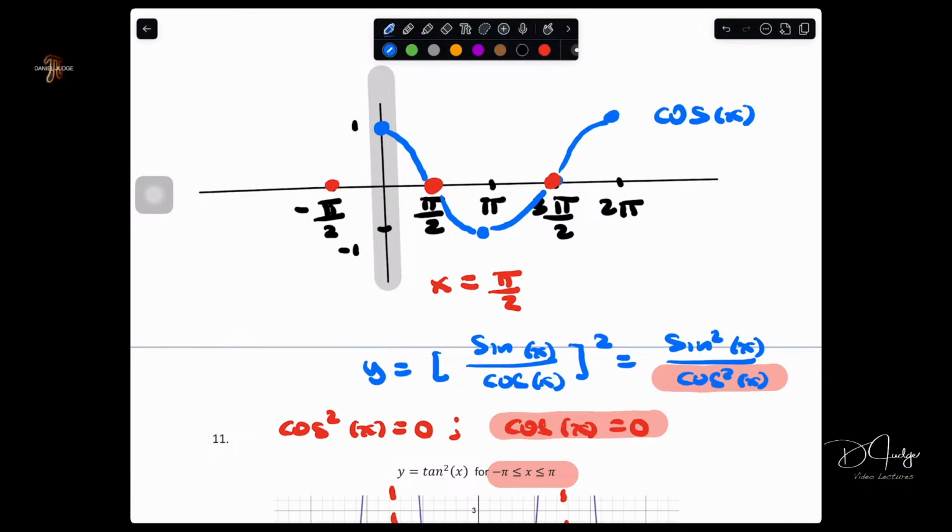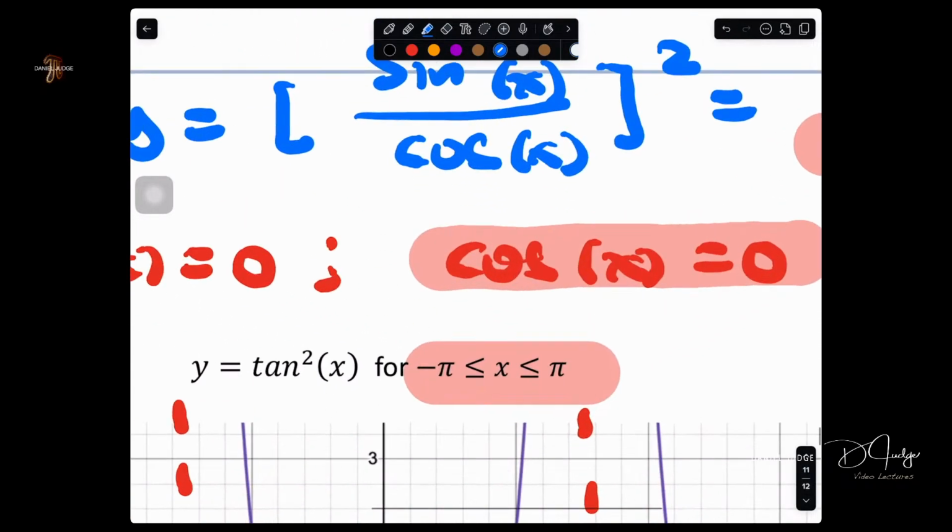You've got your intercept, and you're going to get down to over here. This is where pi is. The function is defined from negative pi to pi. So let's remember this. Okay. This is my restricted domain.